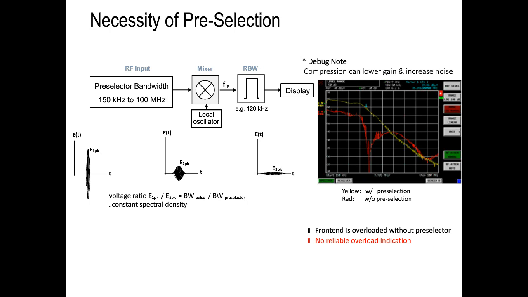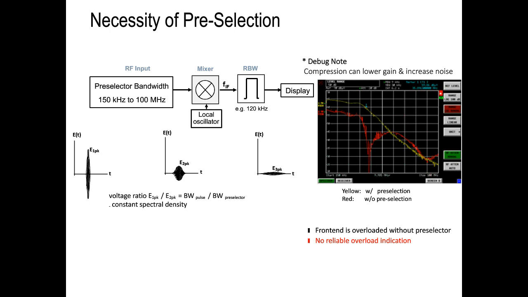So the spectrum analyzer is overloading, it just doesn't know that it's overloading, and it can't respond fast enough to that input signal. But now when you put in that pre-selector, you've drawn out the signal in time. So you reduce the opportunity for actually overloading by reducing the amplitude, but now you've also given the receiver or spectrum analyzer a chance to detect that it's actually overloading.